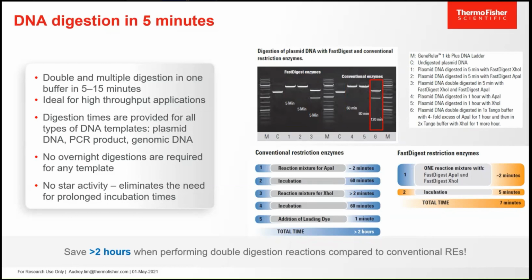If you look at this workflow, for conventional restriction enzymes you will have to do the digestion sequentially, whereas for FastDigest, you can do the multiple digestion all in the same buffer, because all 176 FastDigest enzymes are 100% active in the same buffer.